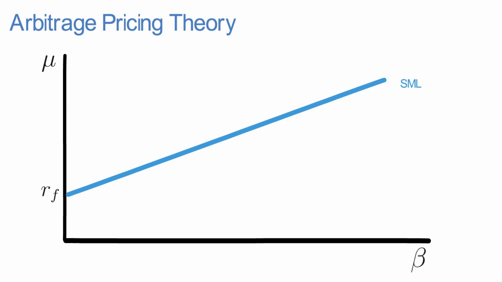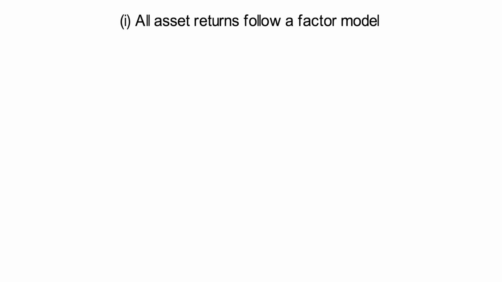So let's talk about the intuition of the APT. In order to keep notation at a minimum, we pretend that a systematic risk factor, capital F, was one-dimensional. So assumption 1 of the APT implies that a portfolio made up of capital N assets follows a linear factor model itself.